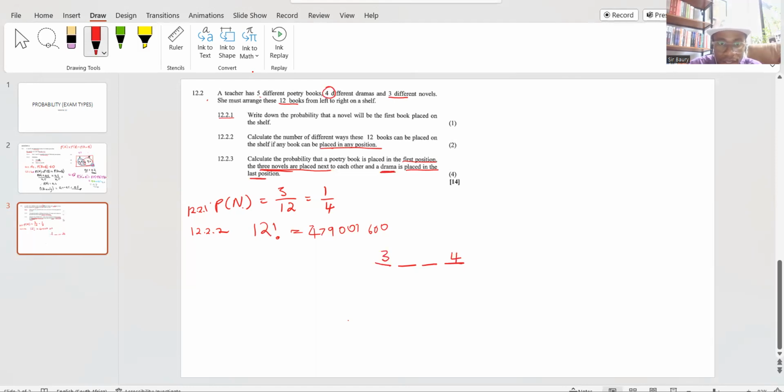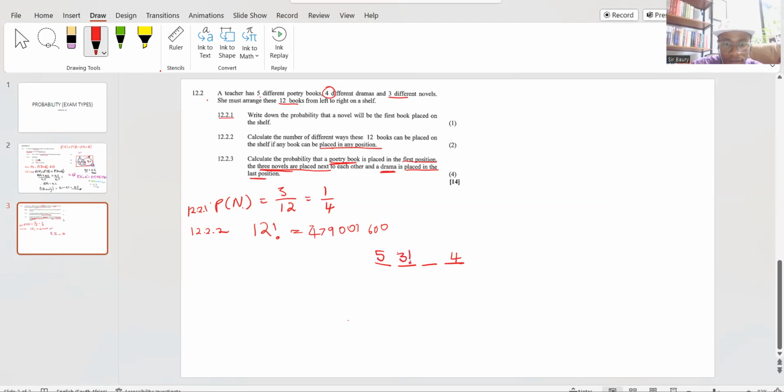So they're saying something. 3 novels are placed next to each other. Right? 3 novels. And then in the first one, there's an error here. In the first position, it's poetry, not drama. So it's 5 poetry.